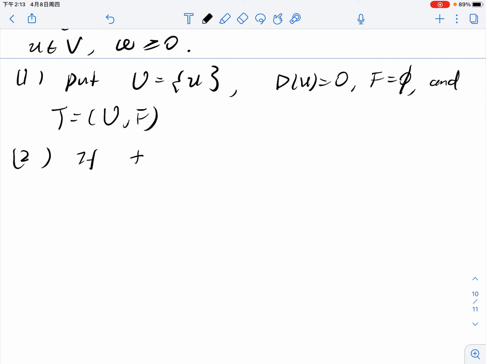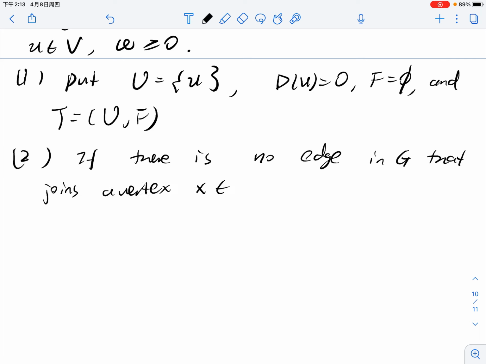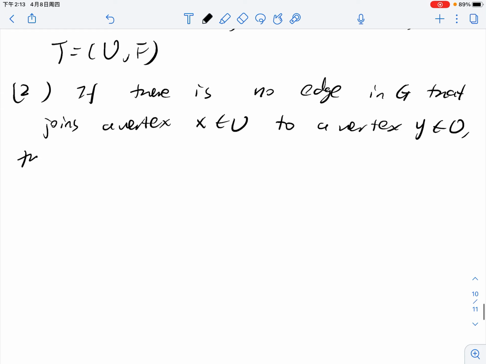Secondly, if there is no edge in G that joins a vertex x in U to a vertex y not in U, then stop. So you can output. Later on we will show that this must be a spanning tree satisfying certain properties.